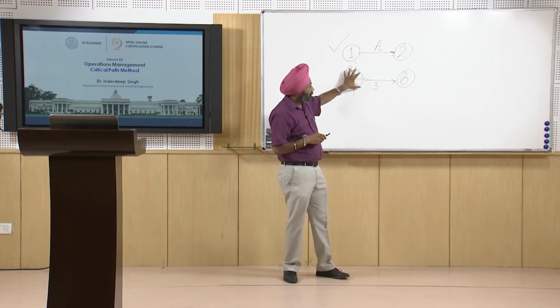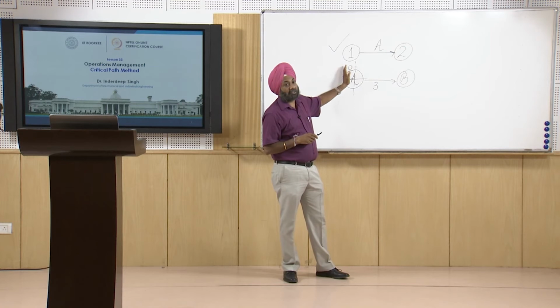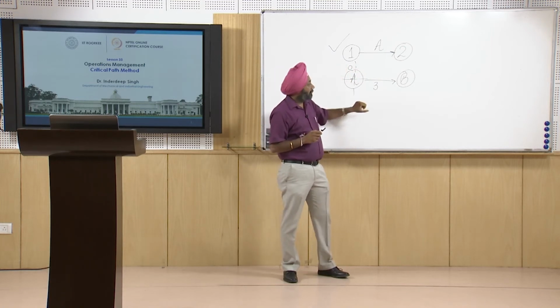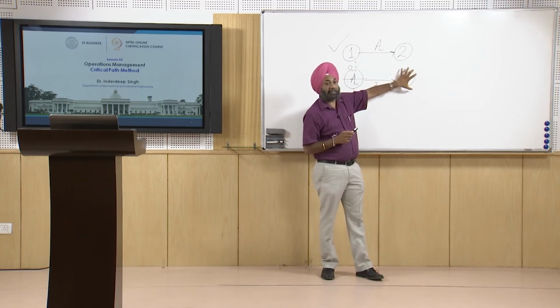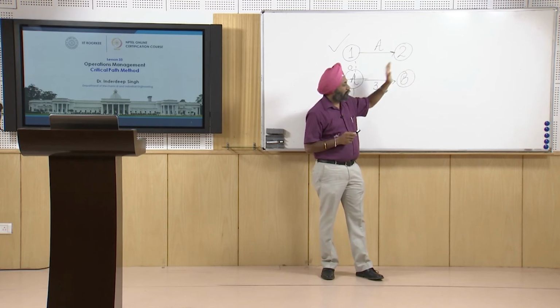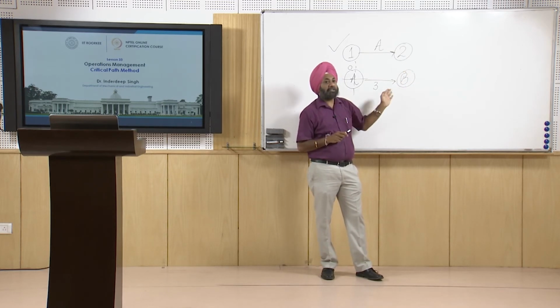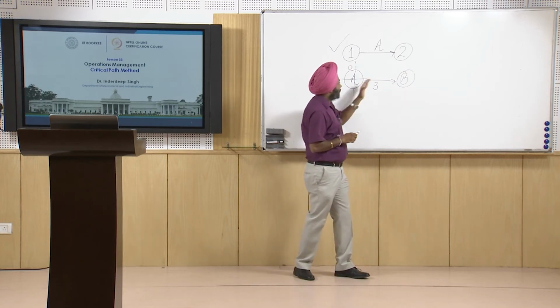Similarly, we can do the calculations: early start, late start, early finish, late finish. Similarly, for activity B, which is at the second node here, we can do the calculation: what is the latest start for activity B, and what is the earliest start for activity B.